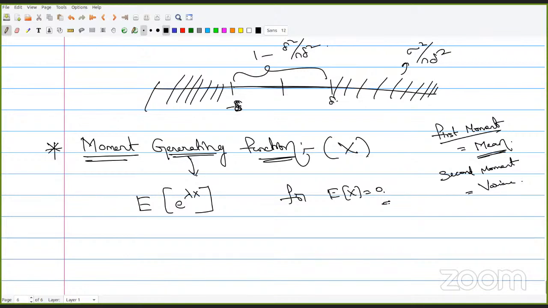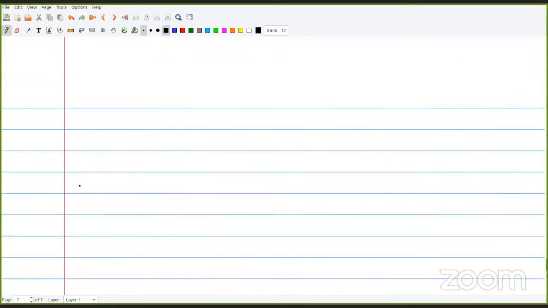How do we centralize the distributions? We remove x bar, like x minus x bar, and it will centralize. Once it is centralized, it will be easier to compute the moment generating function. That means we are equating the mean to 0.